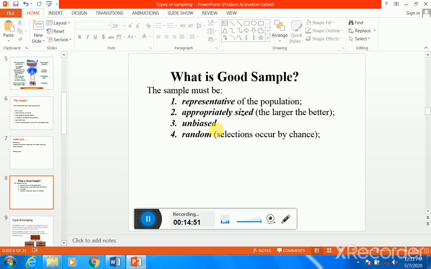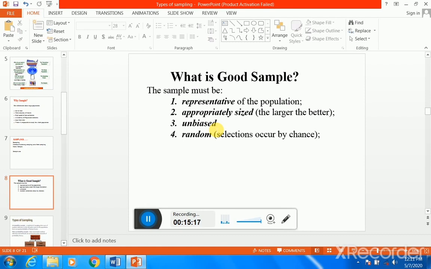Second is unbiased. Unbiased means that there must be a fair sample, or fairness in the sample. Suppose I want to study whether male students are more, for example, good or female students are more good.